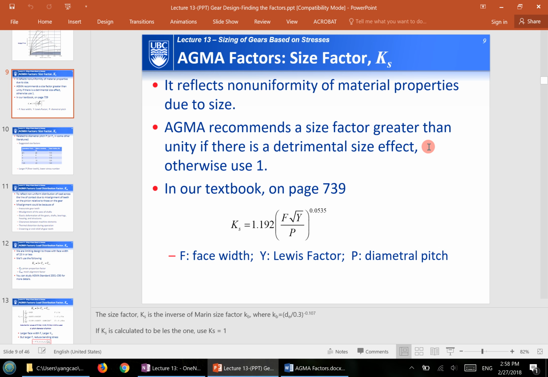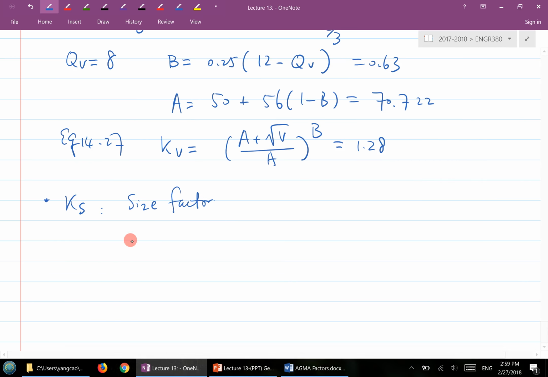So it's the factor that basically reflects the non-uniformity of material property due to the size. Typically, you can use a value of 1, but in our textbook, we're going to use this equation to calculate the size factor. Okay. So if you recall, when you have Se, you have a size factor times Se prime, right?